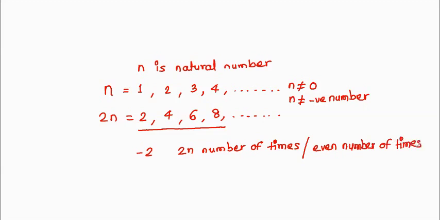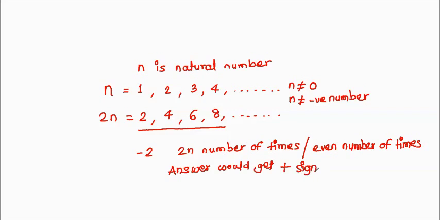What would be the sign of it? I'm not interested in the weight of it. If negative numbers are multiplied an even number of times, we have seen the answer would get a positive sign. And this is what we saw just in our last topic.